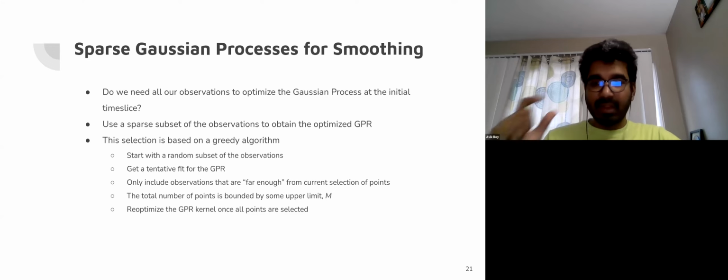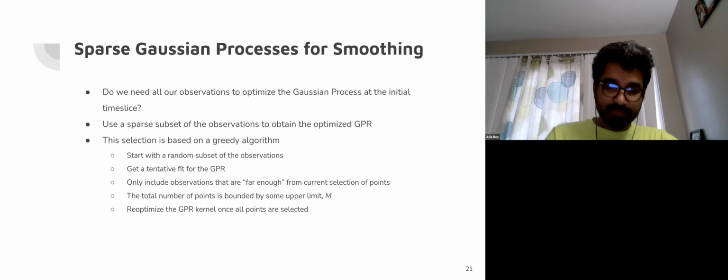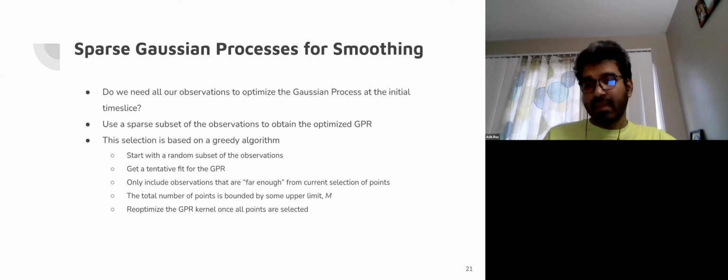You calculate the kernel value between the points that are already in the selected subset and the new point you are trying to evaluate. If you can see that it is far enough from all the points in the subset, then you include it, and then you reiterate over the remaining points. You also make a choice about how many points you are going to include.